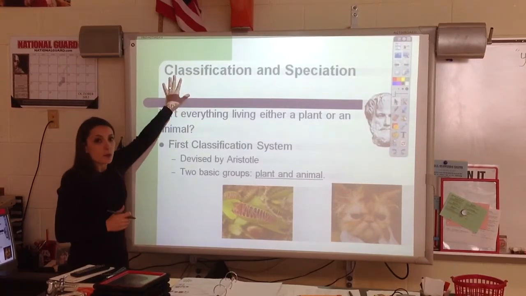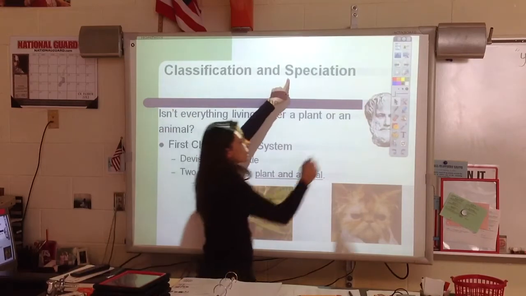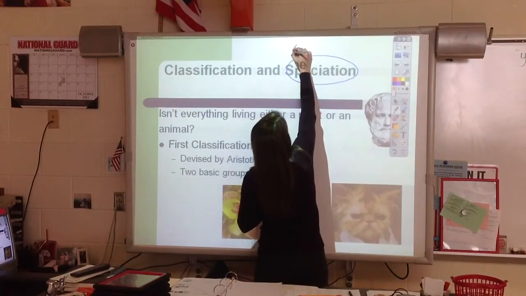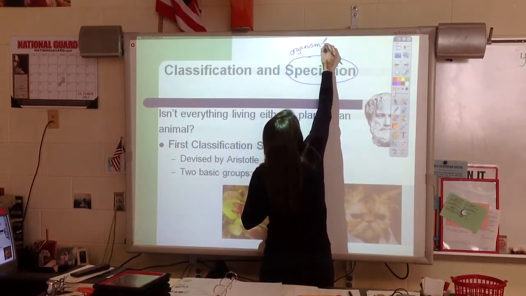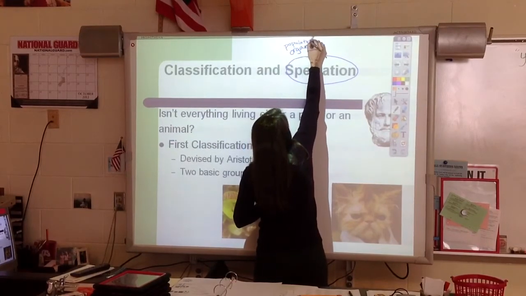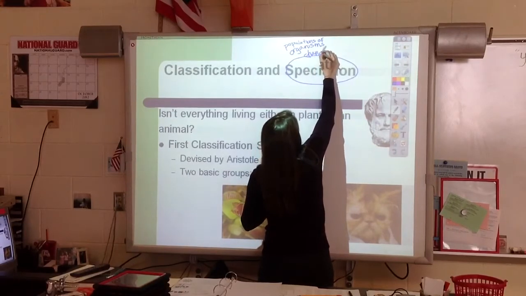So section 4.3, which starts on 91, is looking at speciation. So we want to circle this word, and we want to understand that organisms or populations of organisms change over time.